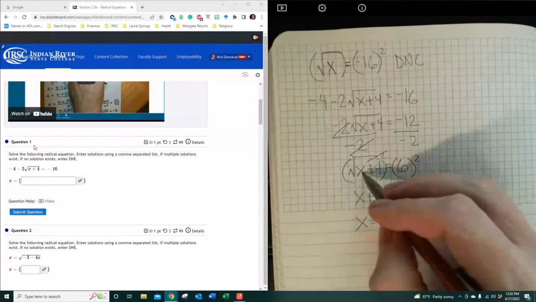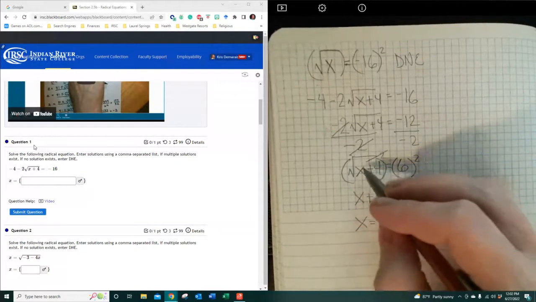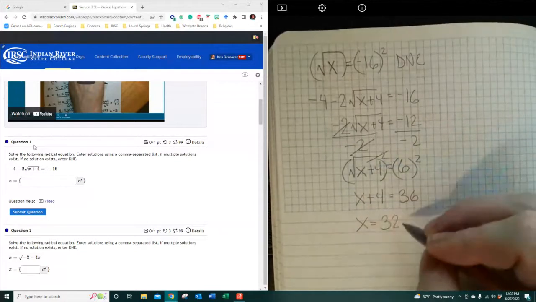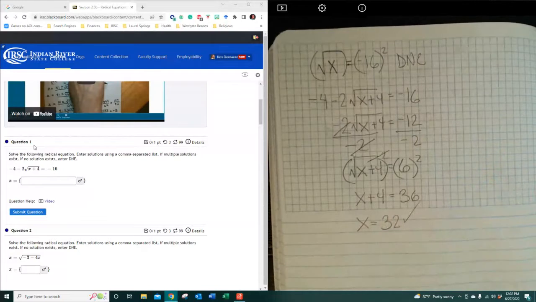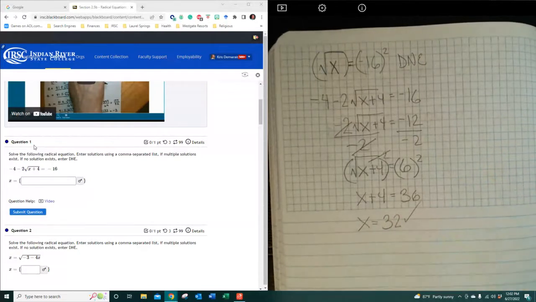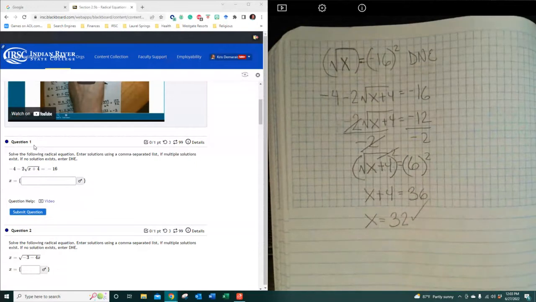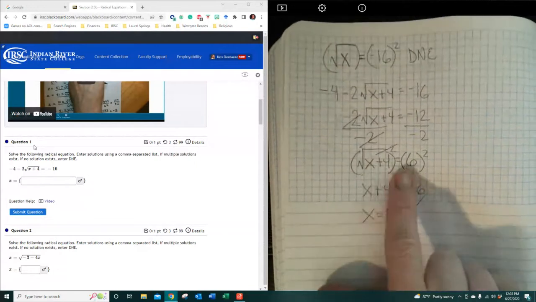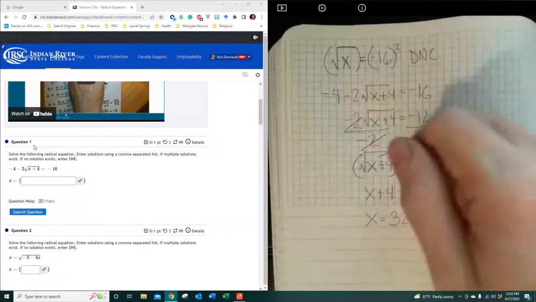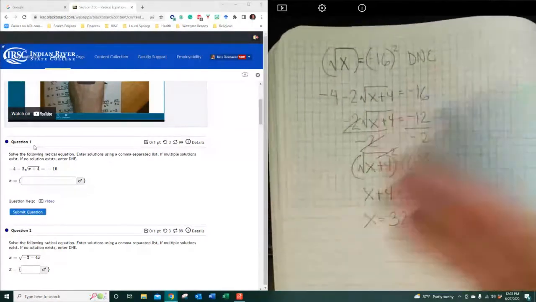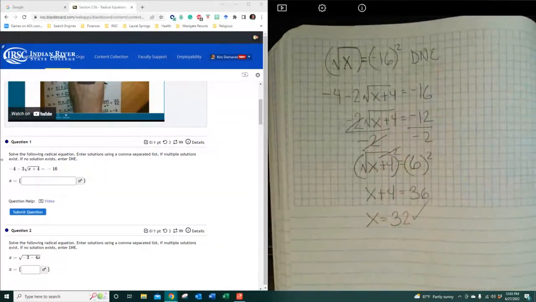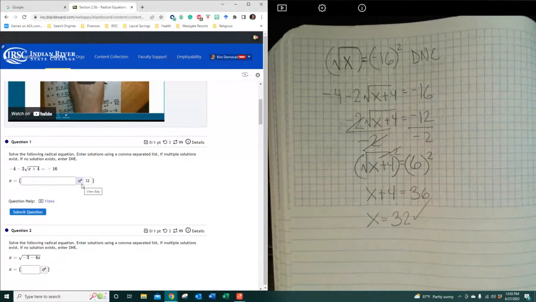So when we put 32 back in here, 32 plus 4 is 36, and the square root of 36 is 6. So this is the answer we're looking for. And it works for the original equation, because if we keep going backwards in the process, we'll get back to it working. So the solution is 32.